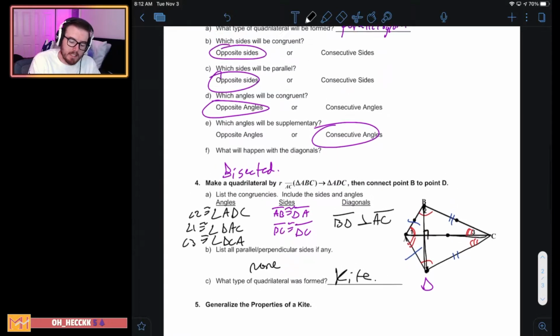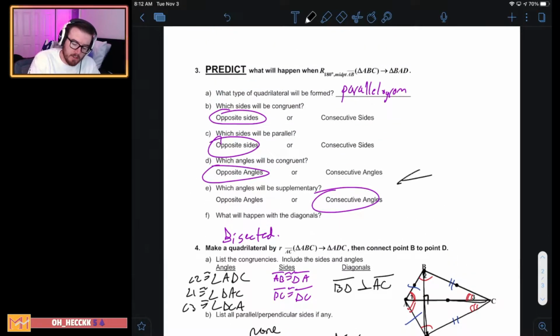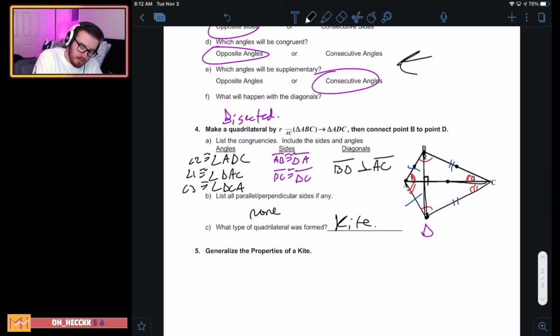And if we were to list some properties about kites, similar to what we did up here, the diagonals are perpendicular. There is only one set of congruent angles.